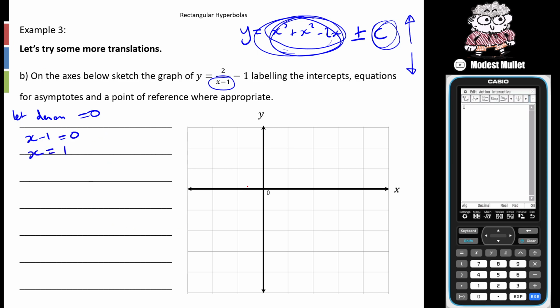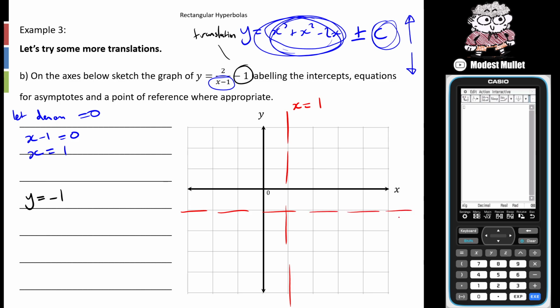That's our vertical asymptote, which happens to be the same as the last one. And then we need to recognize our graph is a translation. So our other asymptote is that y equals negative 1. Let's put that in. Y equals negative 1.